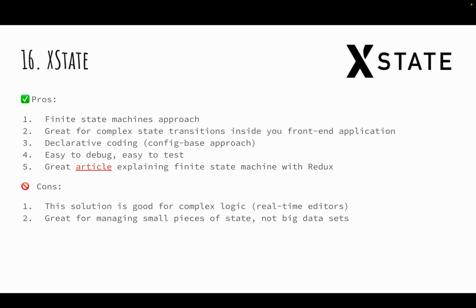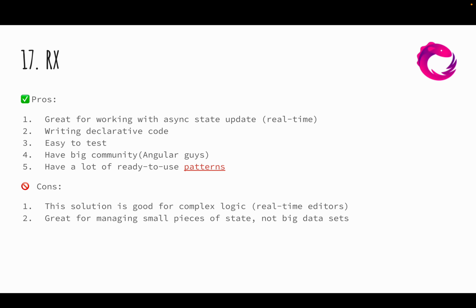Yeah, let's move forward. The next approach is RxJS, and it's great for working with async state updates in real time. You can write declarative code, it's easy to test, and you have a big community, especially Angular guys, and it has a lot of ready-to-use patterns. I added the link, so please check this one.